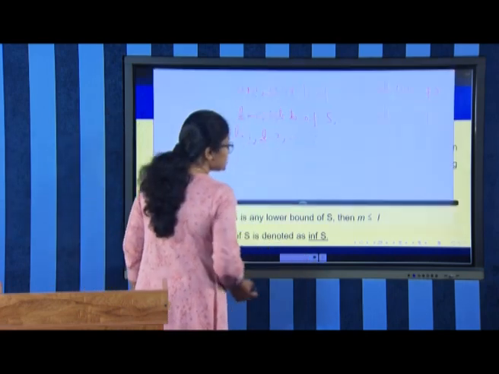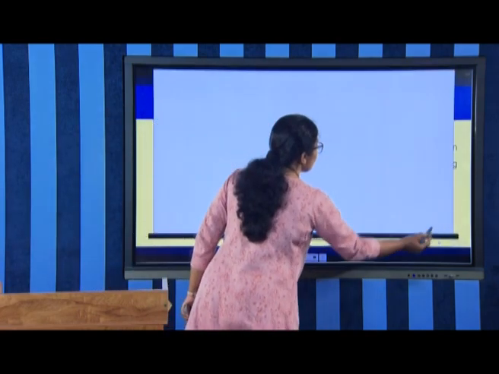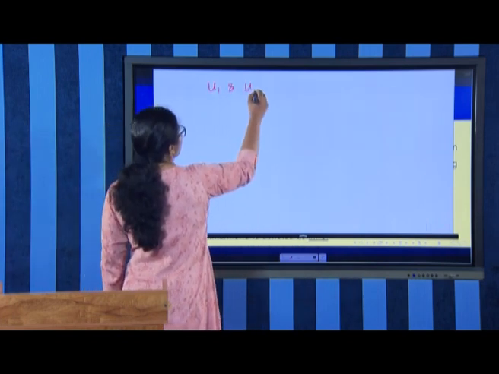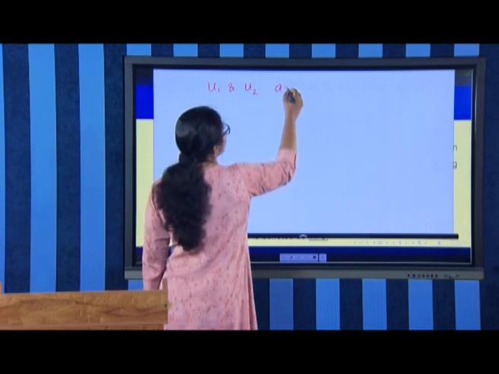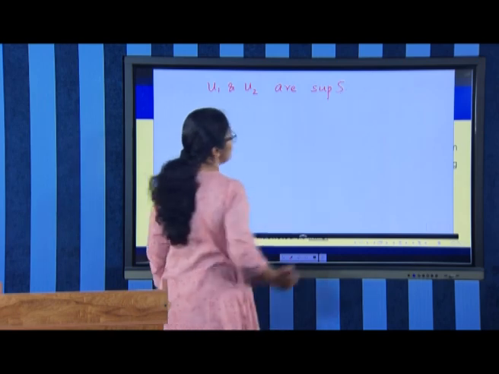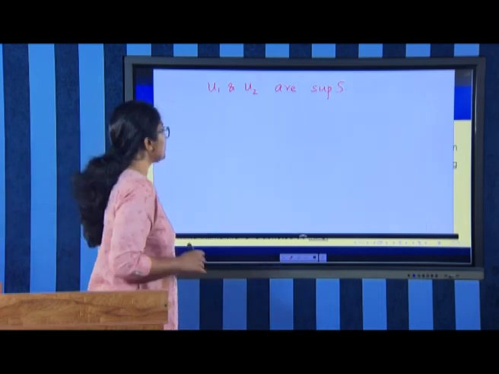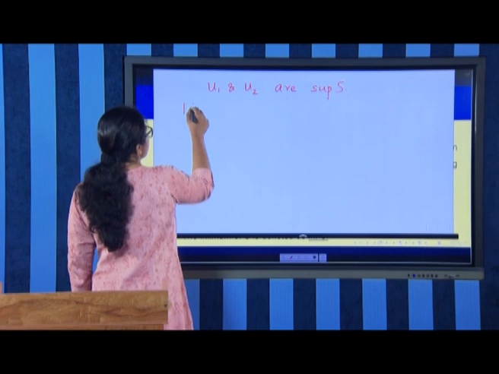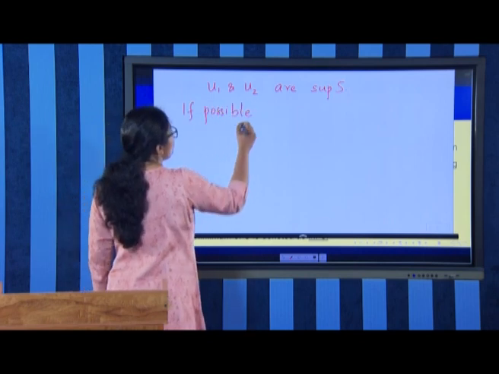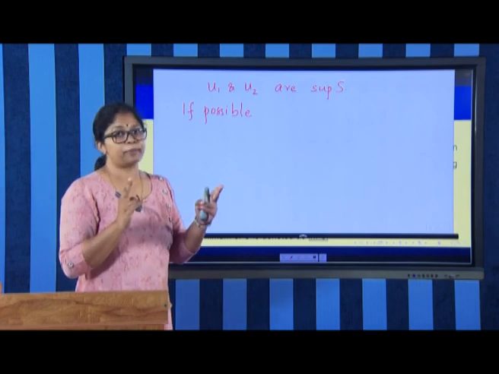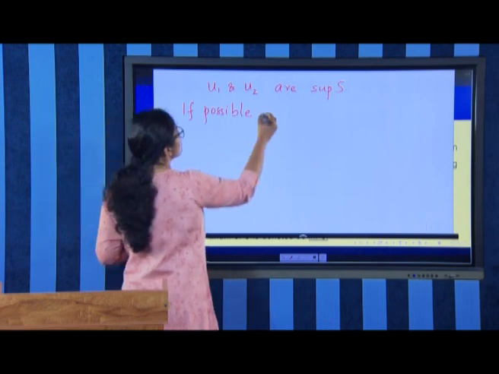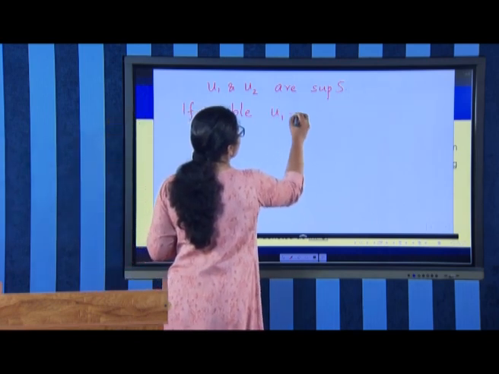So, let us see, for example, suppose that U1 and U2 are both supremums of the set S, where S is any non-empty subset of the real numbers. We are going to show that there cannot be two supremums. We are going to show that U1 is equal to U2. So, if possible, let U1 be not equal to U2.